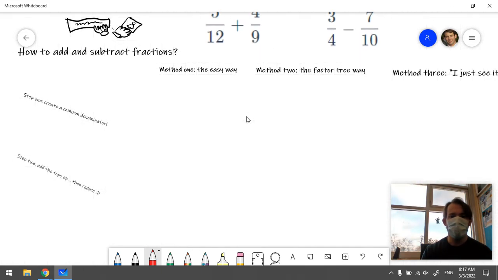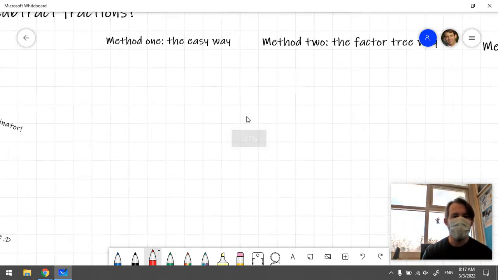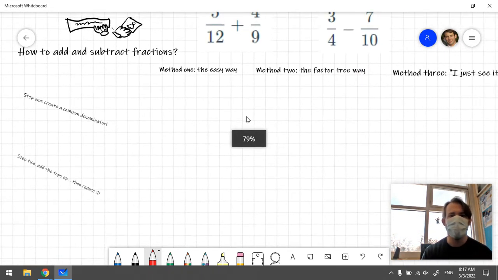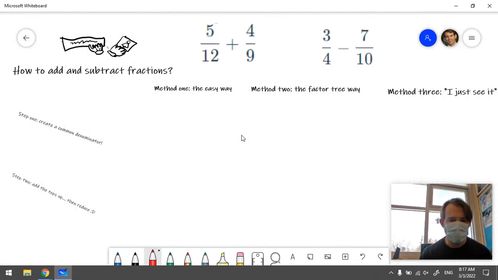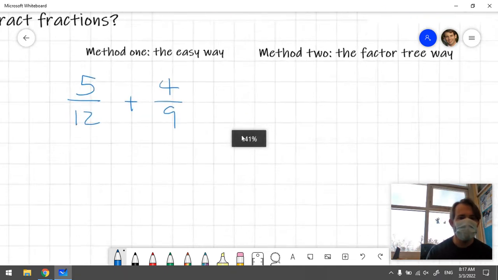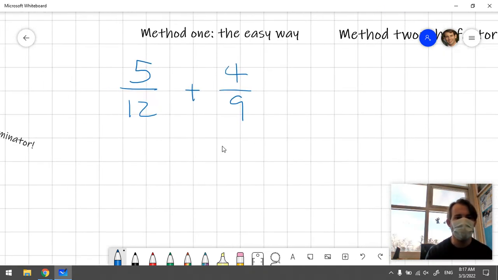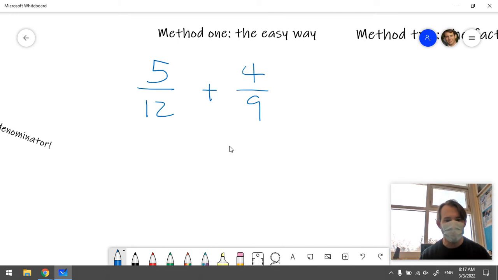So my easy way is the first thing that I'm going to do with any of these types of questions: I'm going to copy it down again. I'm going to start by copying this question, 5 over 12 plus 4 over 9. And then the easy way to create a common denominator is I'm going to multiply this one, top and bottom, by this number.